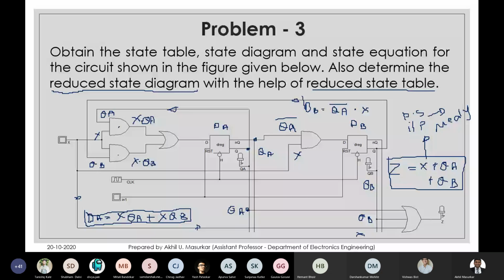You can see two flip-flops, so we should get the two flip-flop input equations and one output equation. Come on, start solving this. By the way, this was an exam problem for 10 marks. I can't remember the year, but yes, it was there.